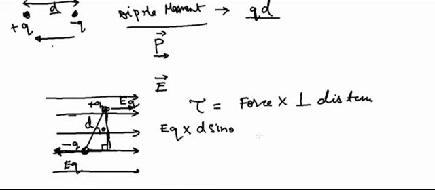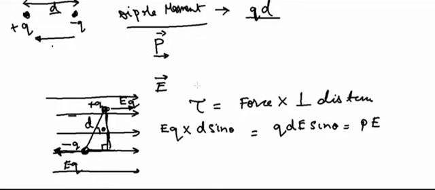Now, just rearranging these terms, I get q d E sin theta, and we know qd is nothing but the dipole moment, and E. Here is one interesting thing. Dipole moment qd is a vector, p, and E is a vector.